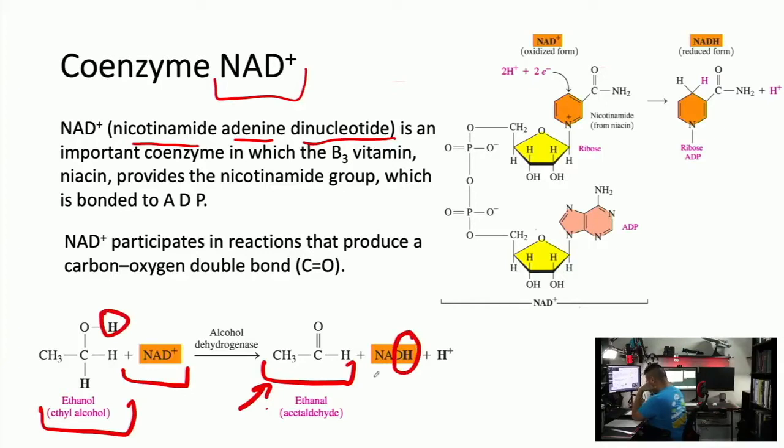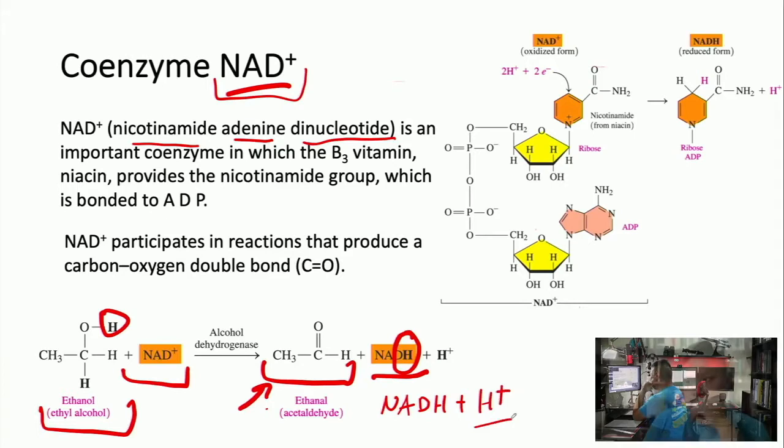So NADH is the reduced form. It's carrying electrons right now. NAD plus is the oxidized form. It does not have any spare electrons that it just gained. And just as a convention, we always write NADH plus H plus, a hydrogen, just to keep it balanced.